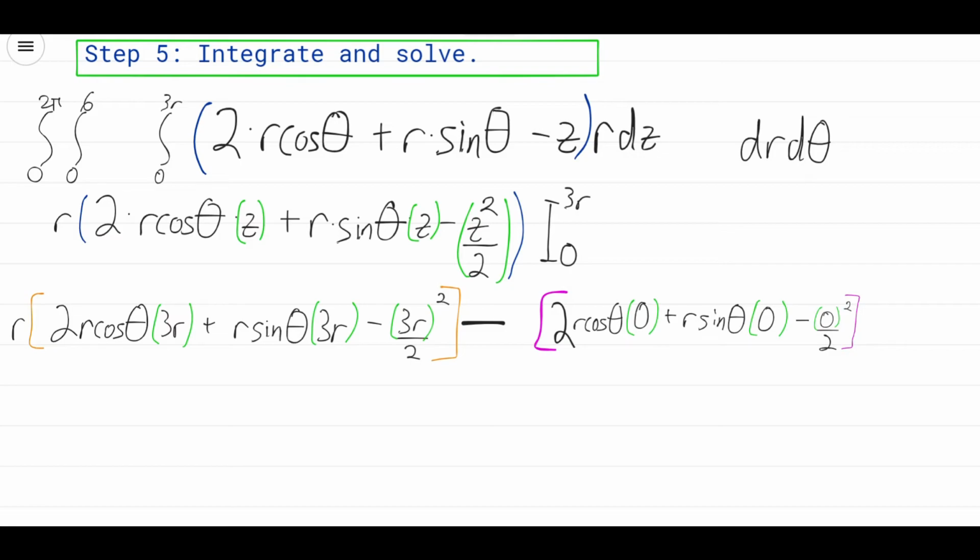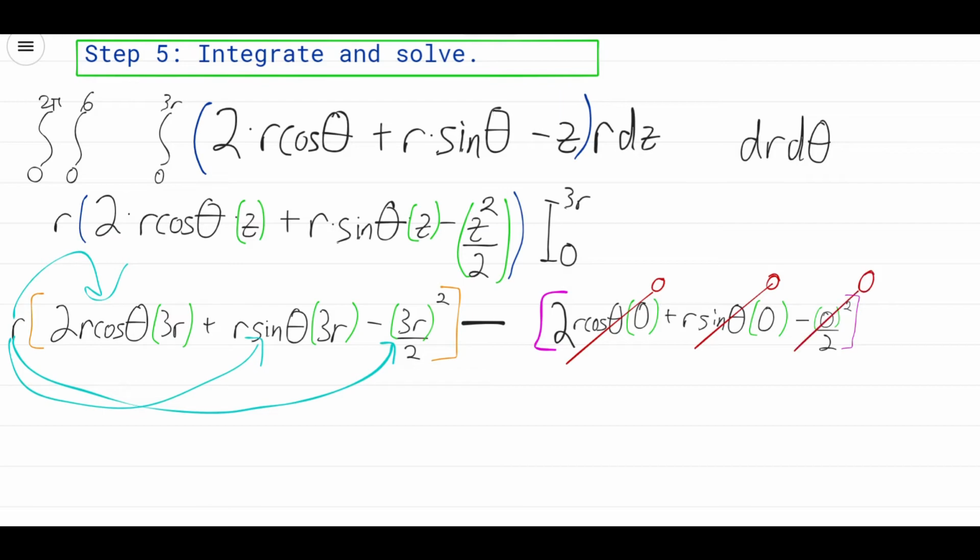Now we're going to distribute the r to each term because now we have it in terms of r. We know all of these terms with 0 go to 0.